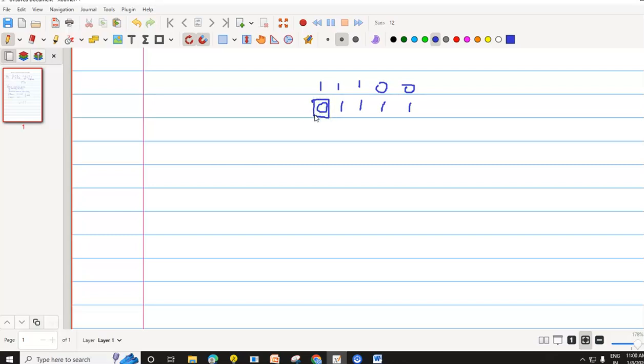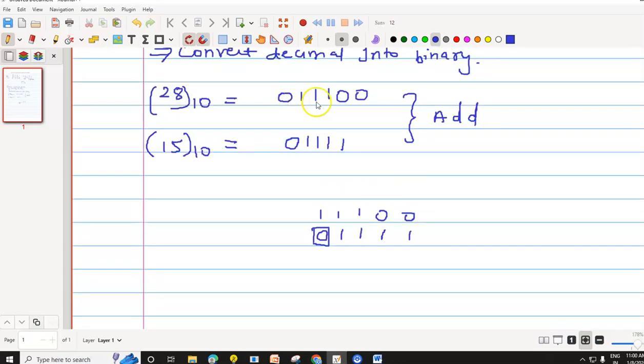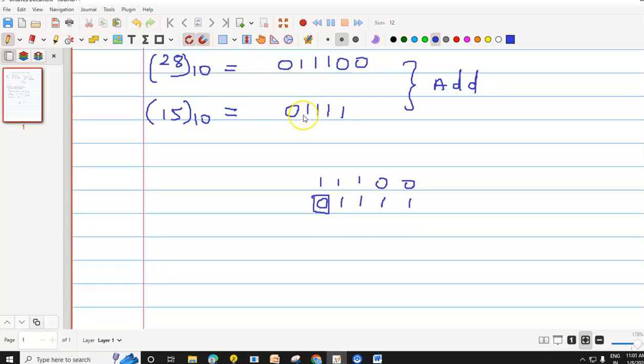For 28, it was 1 1 1 0 0 with the sign bit 0. I'll write down the sign bit, the MSB, which was 0, and then we have to extend the sign bit. Then we have to add these.